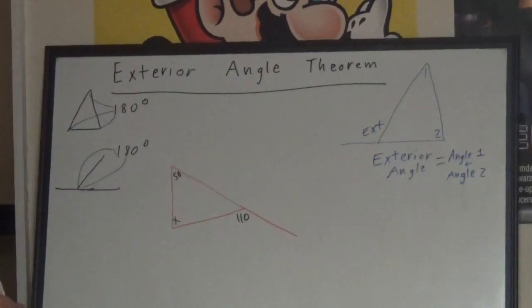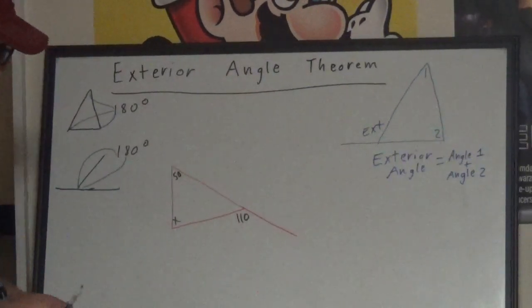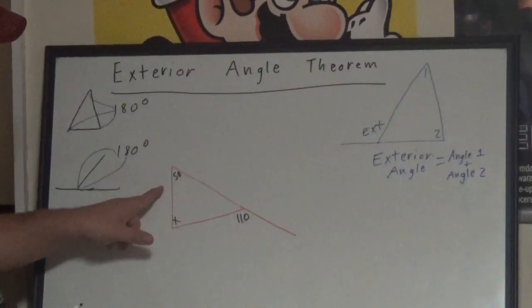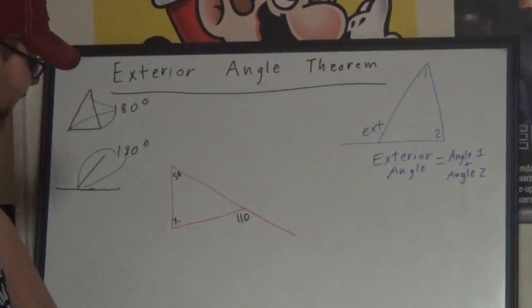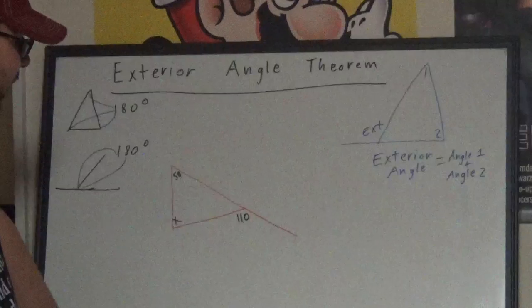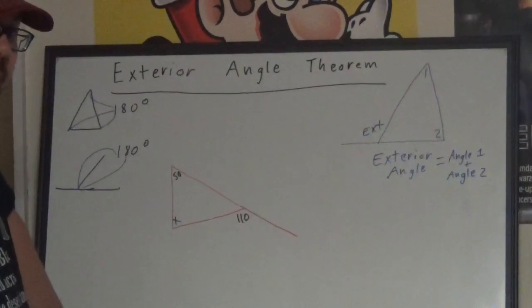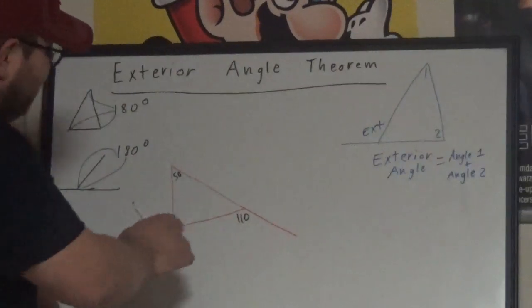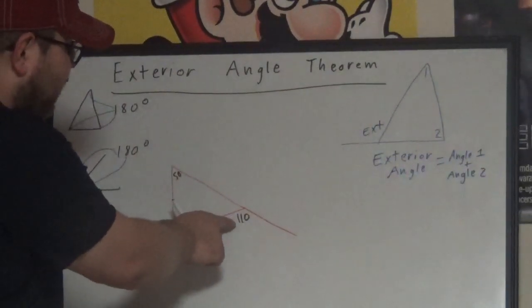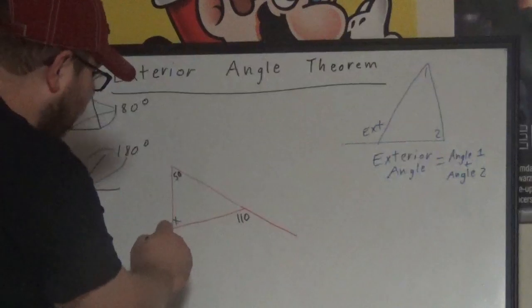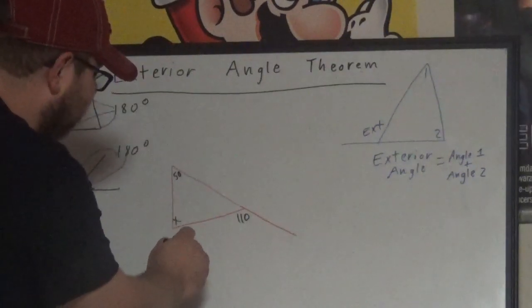So let's see how that works in practice. I'm going to do one example. I have this red triangle, and the first thing we want to look at is what is the measurement outside the triangle. Outside the triangle, I have a measurement of 110 degrees.